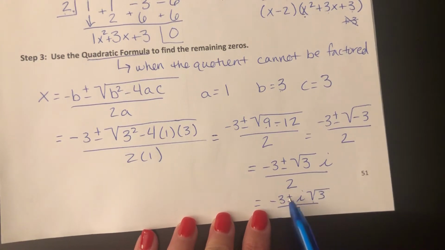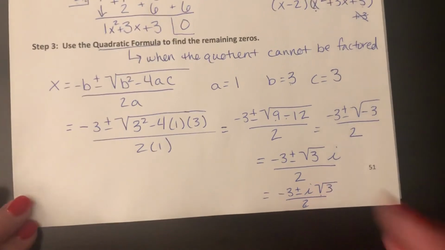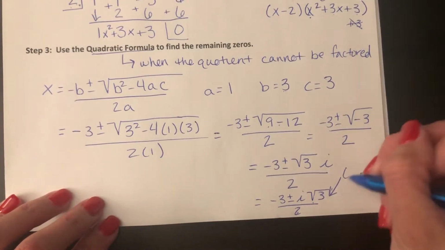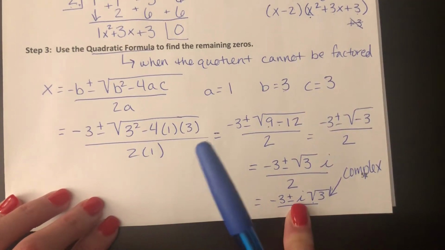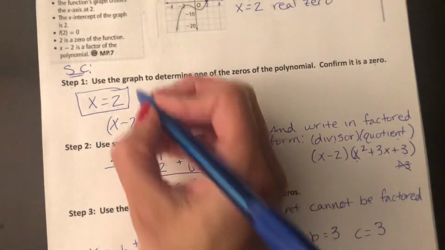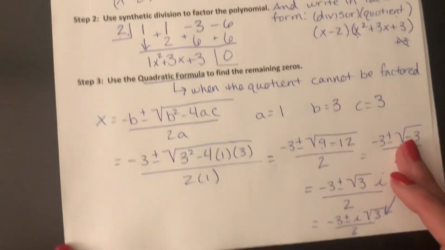So you have negative 3 plus i square root of 3 over 2, and you also have negative 3 minus i square root of 3 over 2. So these are the complex zeros because of the unit i, and this one is the real. So final answer.